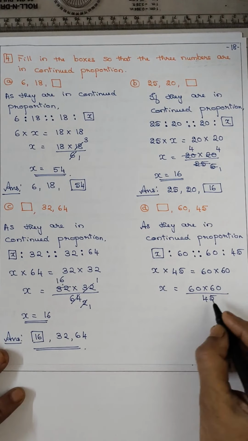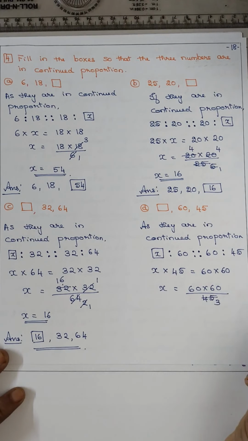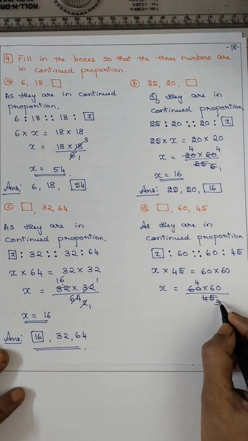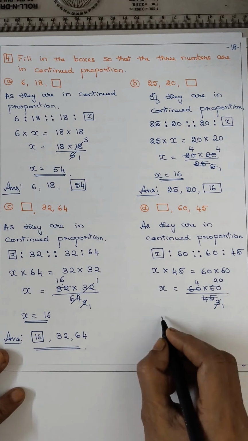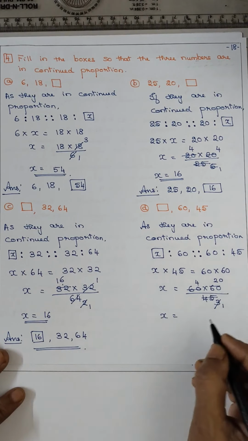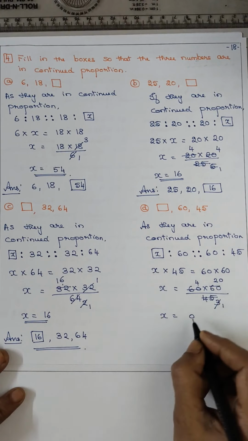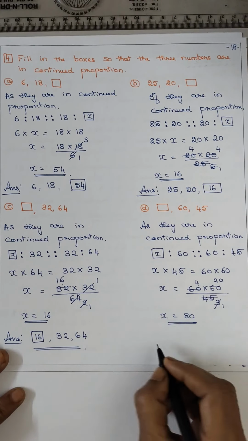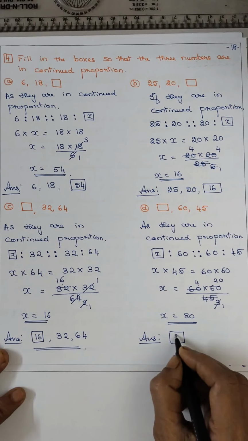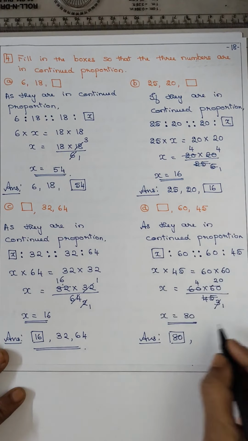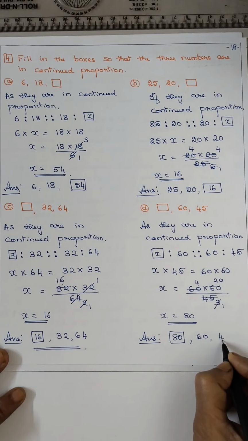Now 15 threes are 45, 15 fours are 60, 3 ones are 3 twos are 6 and 0. So x is equal to 4 zeros are 0, 4 twos are 8. So answer box is 80, then 60, then 45.